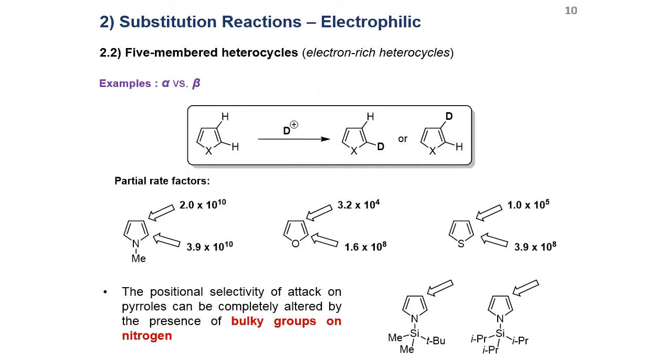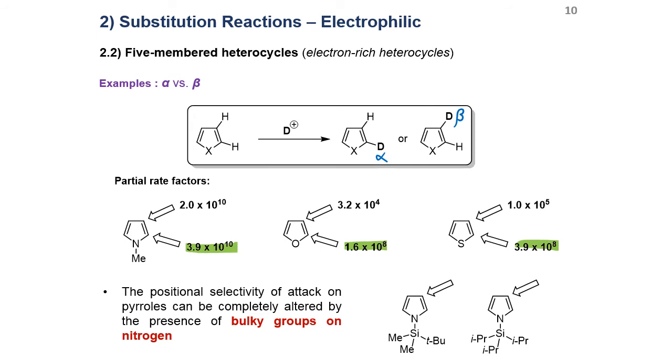In terms of regioselectivity, you can see that the reaction can occur at both alpha and beta positions, but the reaction prefers to react at the alpha position as the major product. For pyrrole, the difference is not that much, but for furans and thiophenes, the alpha position is the major species.